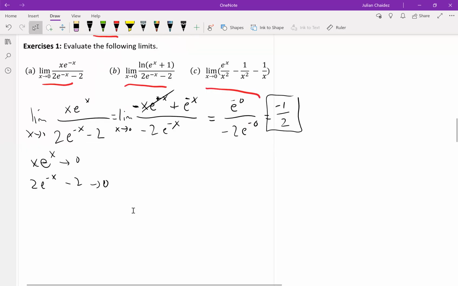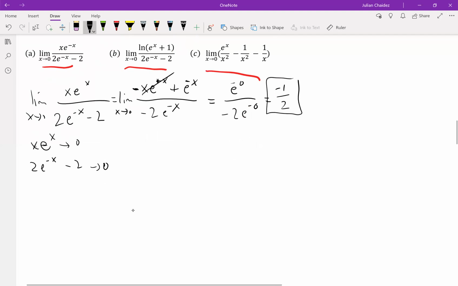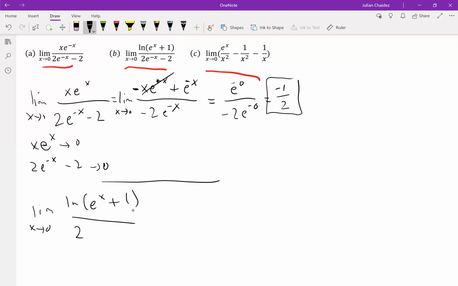For the next one, remember, the first step is to check that L'Hopital is actually necessary or applicable in this situation. If I look at the thing I'm taking the limit of, the bottom definitely goes to 0 as x goes to 0.